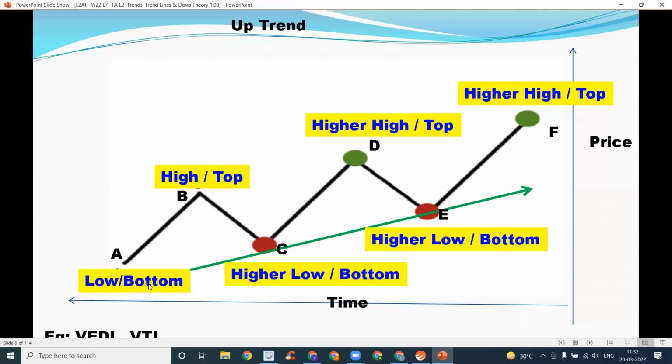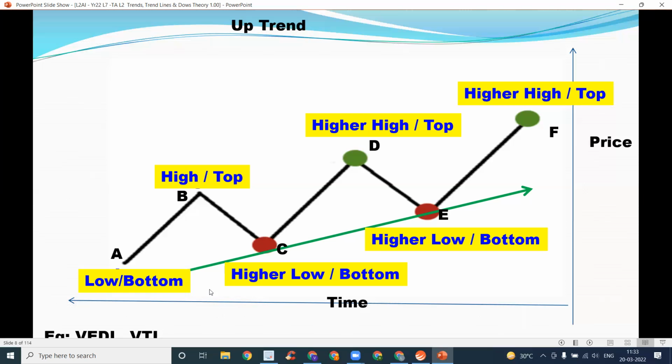And you can see the point C is higher than point A. The point E is higher than point C. So we'll have higher lows also. So in an uptrend, we'll normally have two things: higher highs and higher lows. That is the feature of an uptrend.